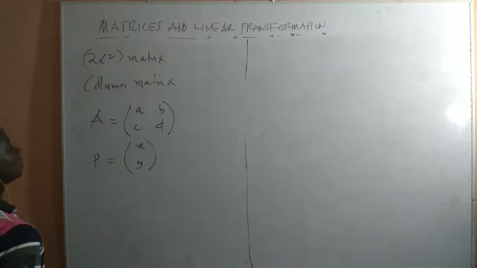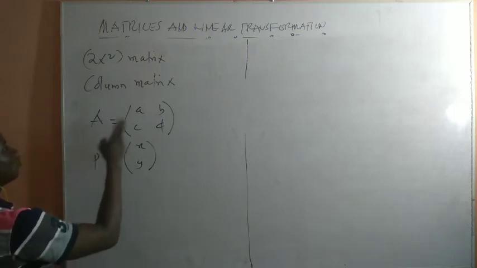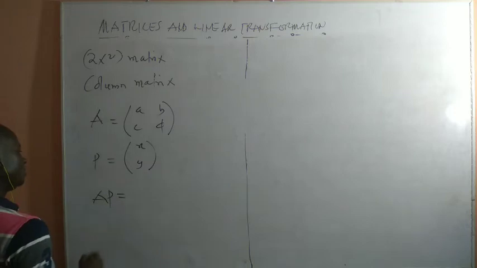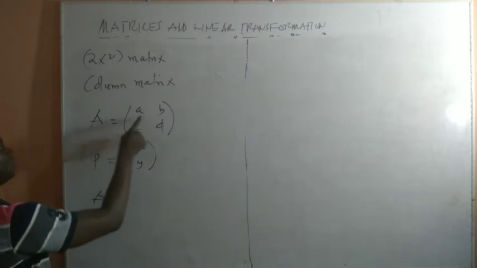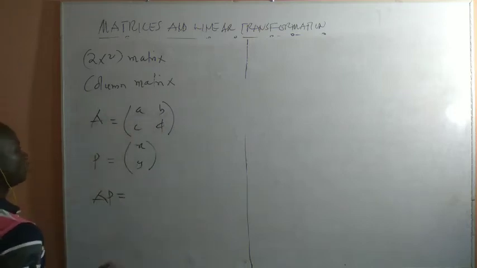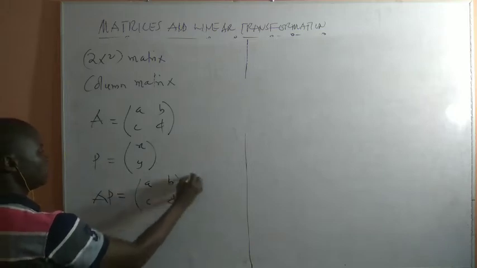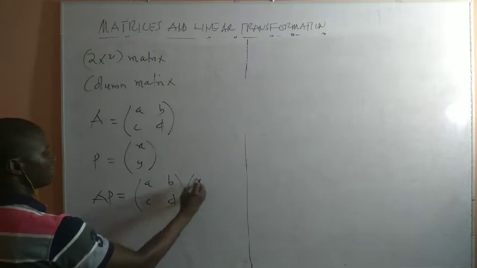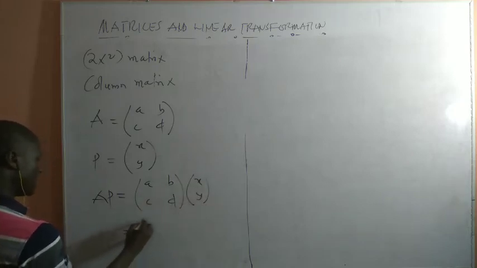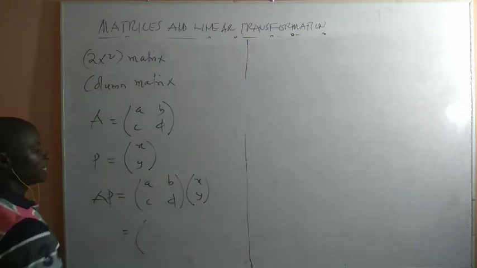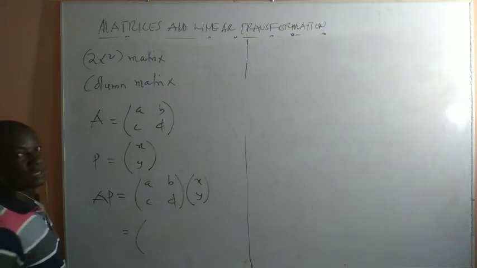Now, how do we multiply the 2 by 2 matrix by the column matrix? When we say AP, we are multiplying the matrix A, B, C, D by the column matrix X, Y. And now what is happening is the first row will multiply the column matrix, and the second row will also multiply the column matrix.